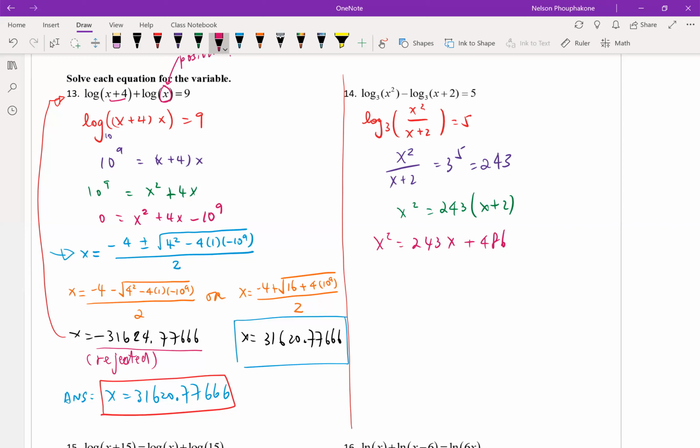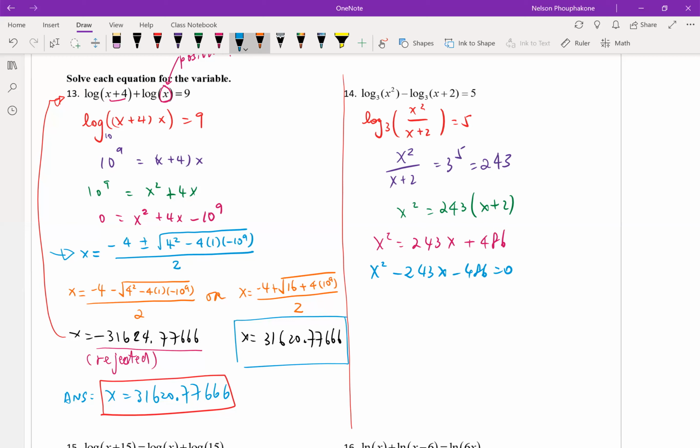Okay. And then now, again, we have a quadratic equation. So I will have x squared minus 243x minus 486 equal to 0. Okay.